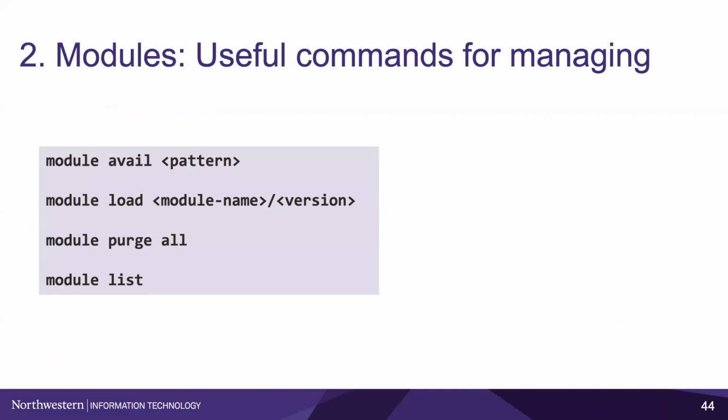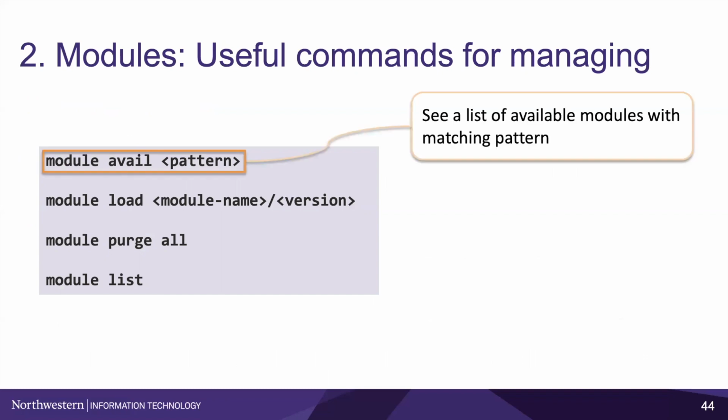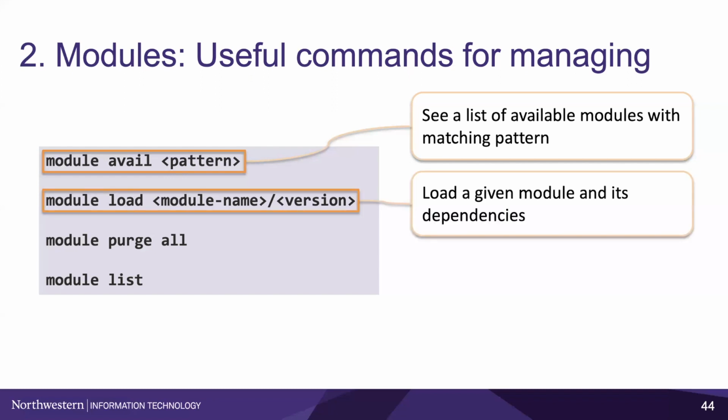Before moving on to the third option, I wanted to introduce a few useful commands for managing modules. The first one is module avail, followed by a text pattern. This command allows you to see a list of available modules with this matching text pattern. The second one is module load, followed by the module name/the version of that module.